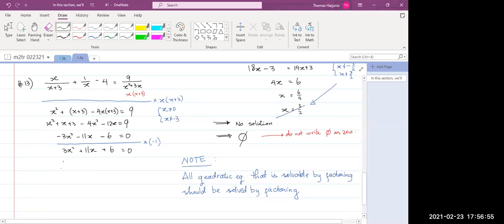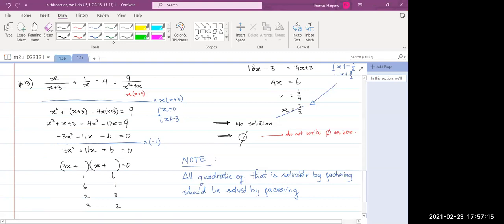So let's do this. 3x squared must be 3x and x, no other way. Plus plus, so it must be both same sign and both of them plus. To have 6 is 1 times 6, 6 times 1, 2 times 3, 3 times 2.